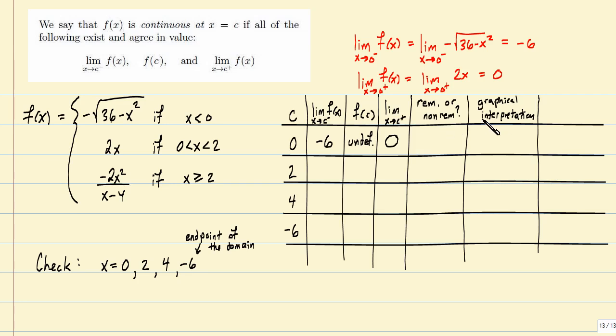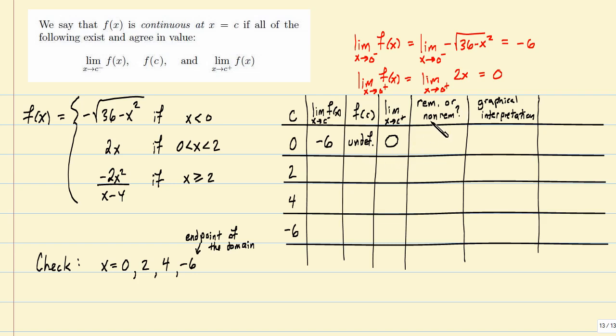Now we have some follow-up questions here. Are we talking about a discontinuity? And if we are, is it removable or non-removable? And what's the graphical interpretation? Well, notice we're definitely talking about a discontinuity. What was required of these three things to be continuous? Those three things had to all exist and agree in value. Notice this doesn't exist and these two do not agree in value.